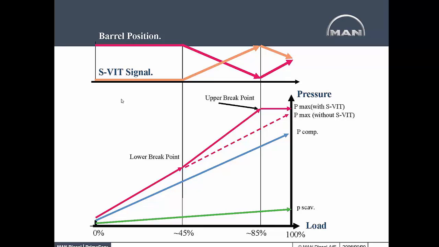After 85% load, your pneumatic variable injection timing signal will decrease and the barrel will move up to retard the timing so that Pmax is fairly flat from 85 to 100% load.